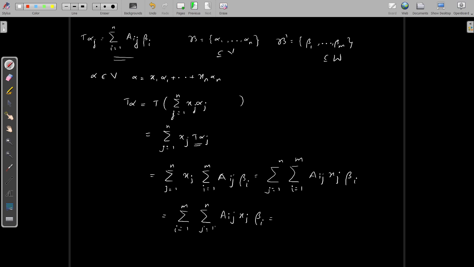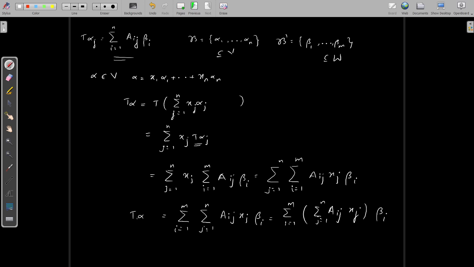Now this beta i is independent of j, so you can take this beta i out from the inner summation. So that is summation i equal to 1 to m of summation j equal to 1 to n aij xj, times beta i. Okay, so this is the expression of T alpha.